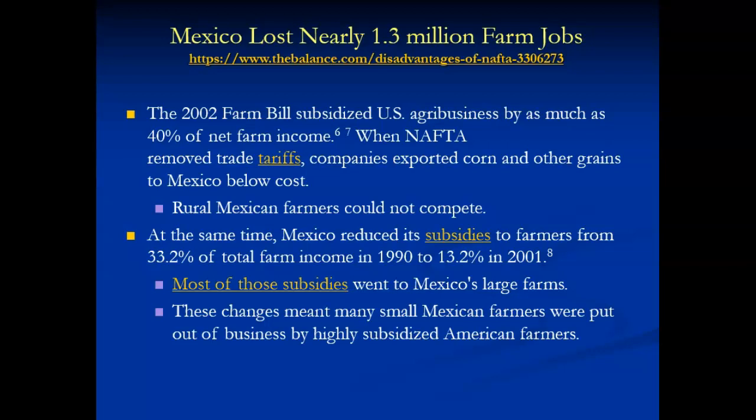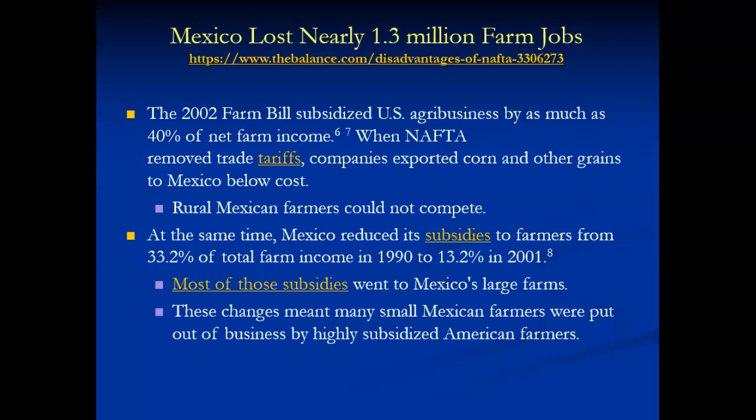When NAFTA removed some of the trade tariffs, some of the companies then exported their corn and other grains to Mexico, which meant that rural Mexican farmers couldn't compete with the price from the United States, and so a lot of farmers went out of business, and then there were riots in Mexico because of this. It was a very significant impact to Mexico. At the same time, Mexico hurt itself by reducing its subsidies to farmers.